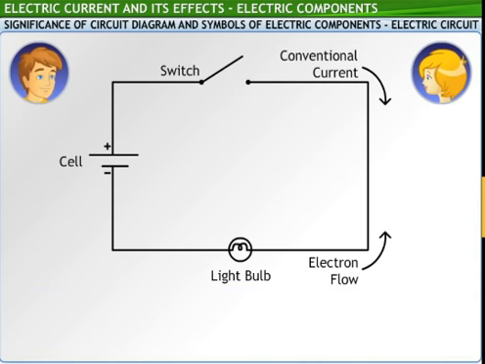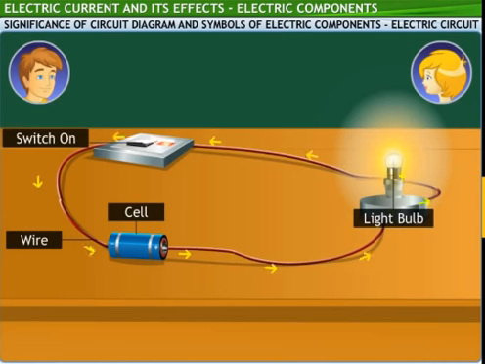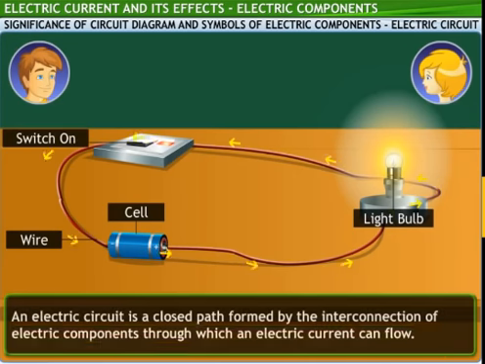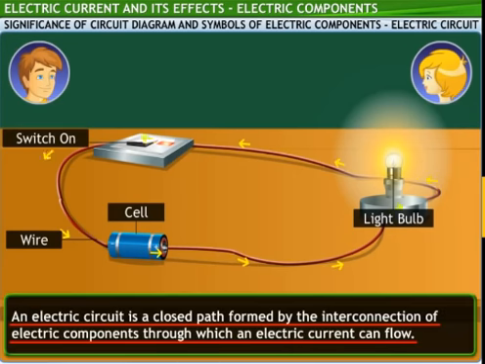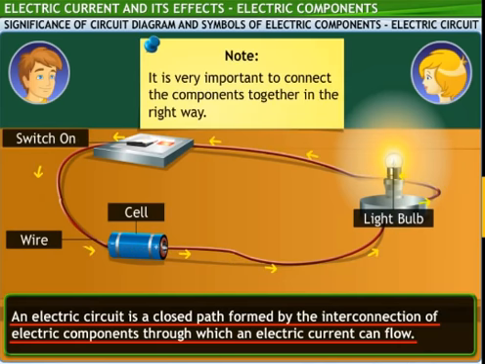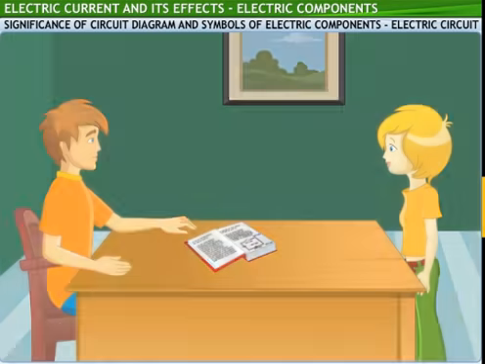Of course! I've learned about it at school. An electric circuit is a closed path formed by the interconnection of electric components through which an electric current can flow. That's right. So you have the basic idea of what makes up a circuit.